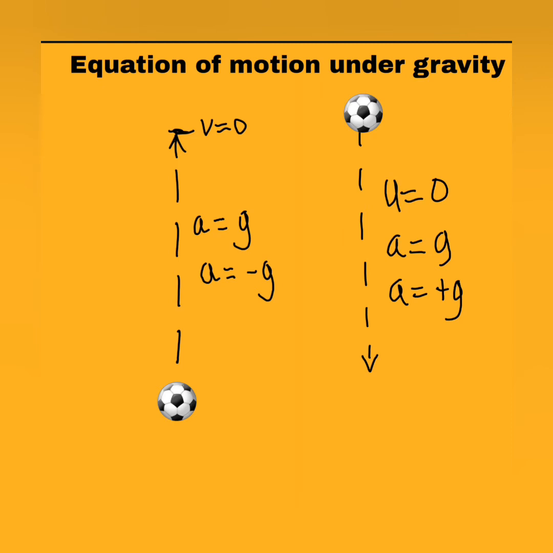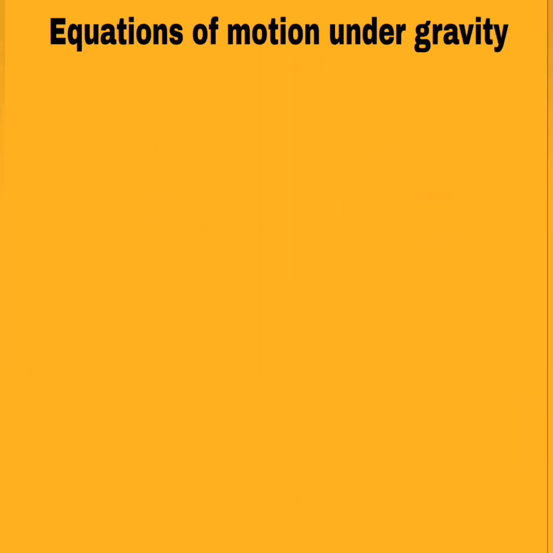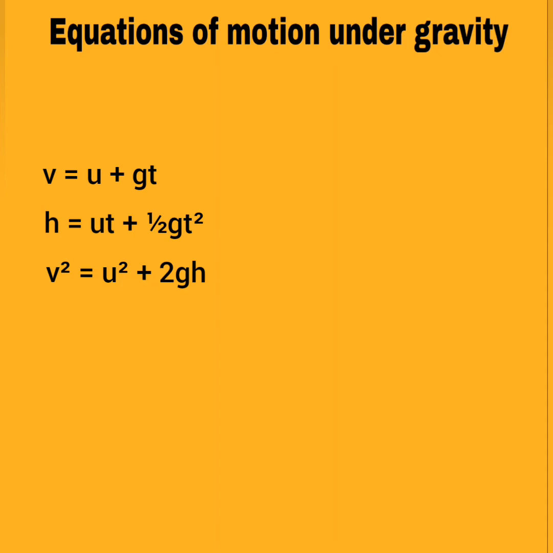So if you rewrite the equations of motion, you are going to have v equals u plus gt, h equals ut plus half gt squared, v squared equals u squared plus 2gh.